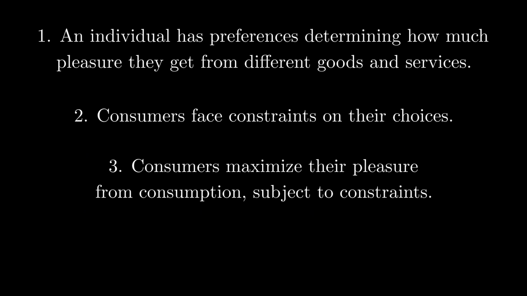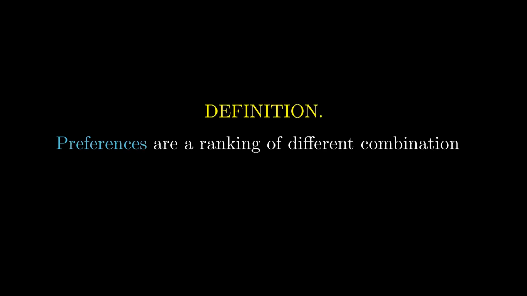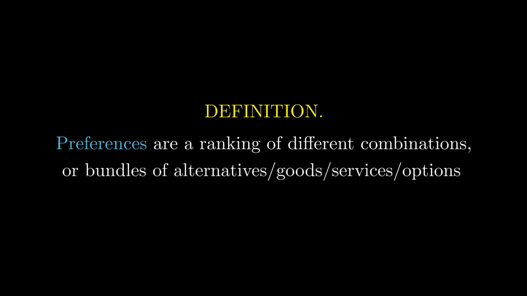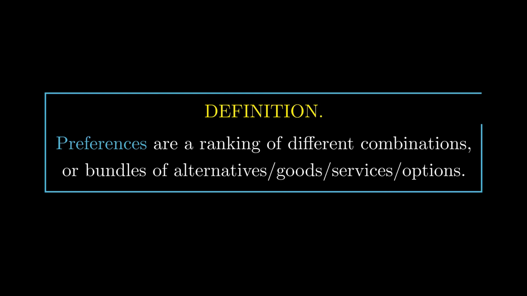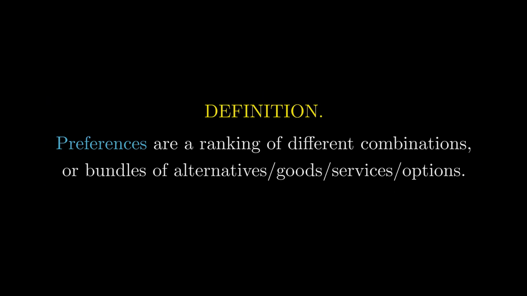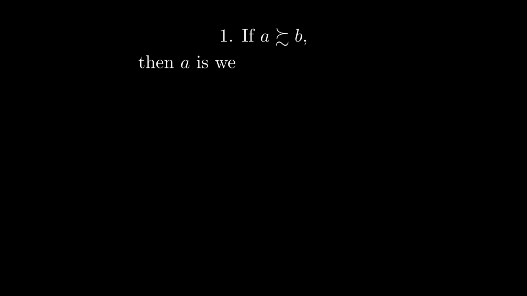By preferences, we mean how a consumer ranks available alternatives. We can describe how a consumer ranks different goods using what we call a preference relation. Preferences are a ranking of different combinations or bundles of alternatives. And there are three preference relations that we typically use.